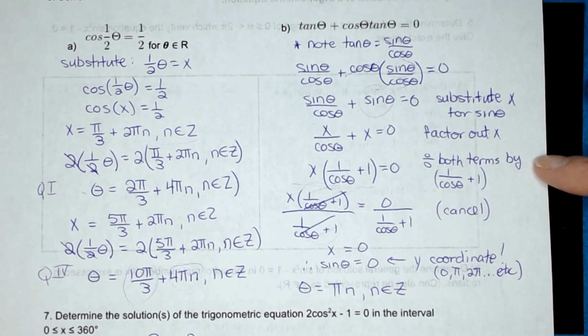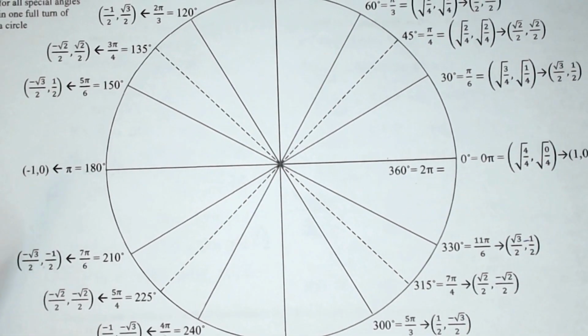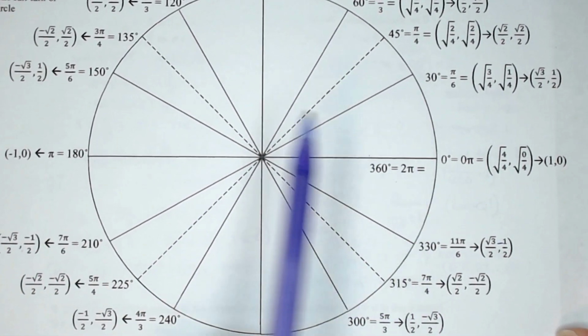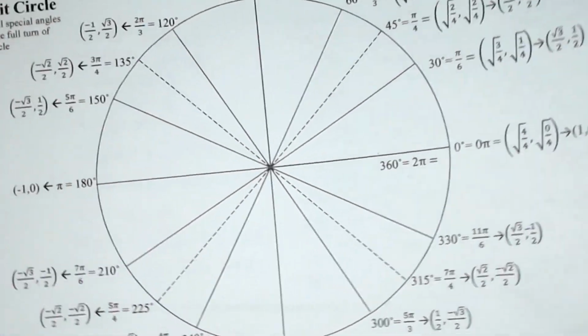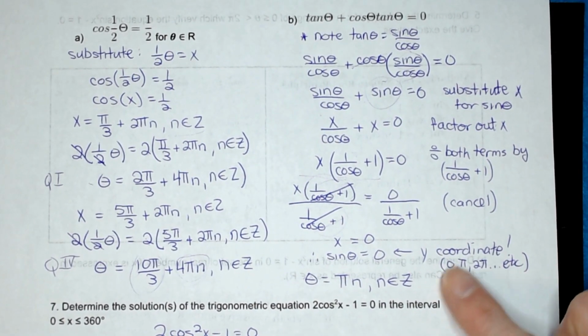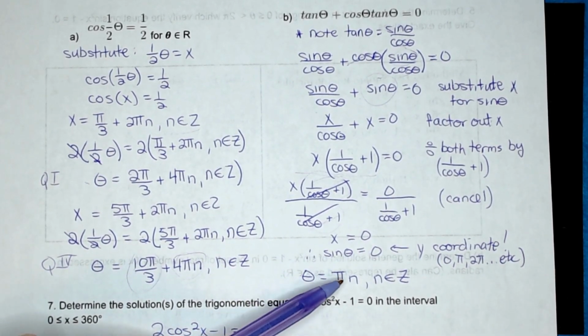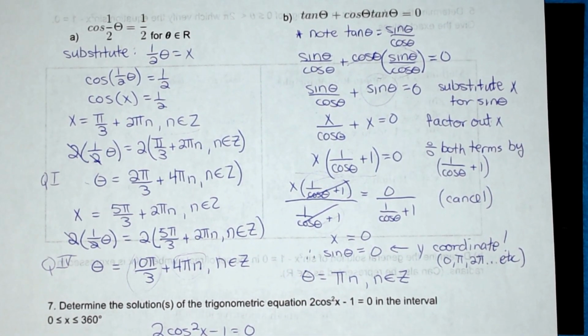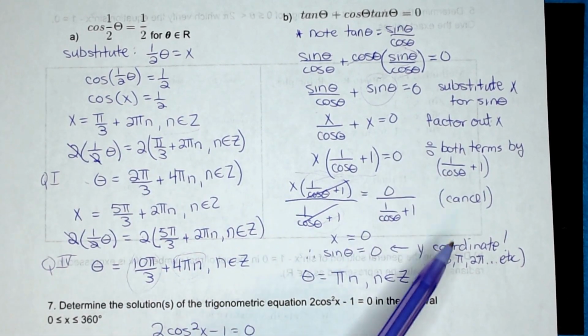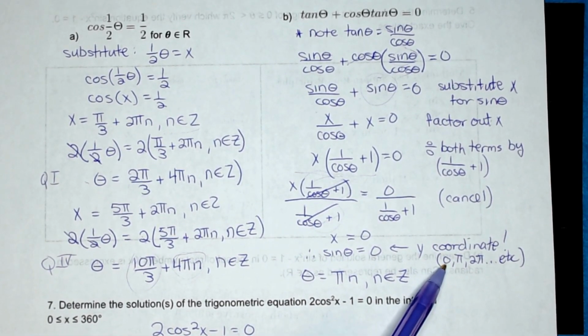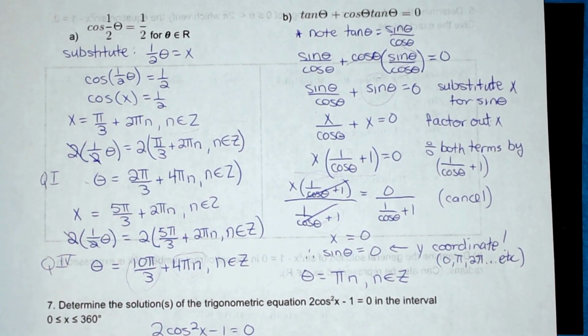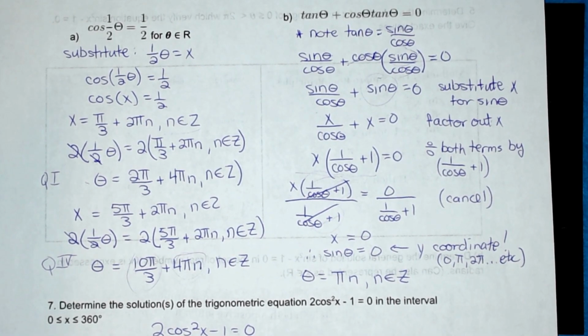So just keep in mind that our y coordinate is equal to 0 here and here. So basically, your response will be that your theta is equal to pi times n, where n is any integer, because you'll have a response at every pi, 0 pi, 2 pi, 3 pi, all the way off to infinity and beyond.